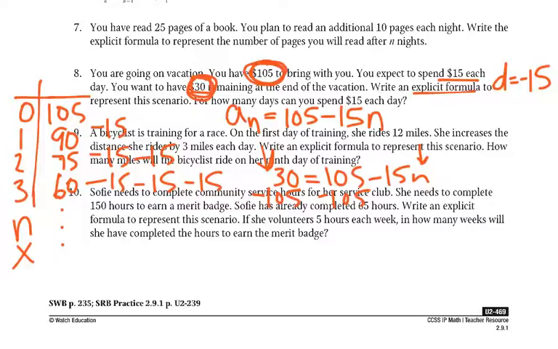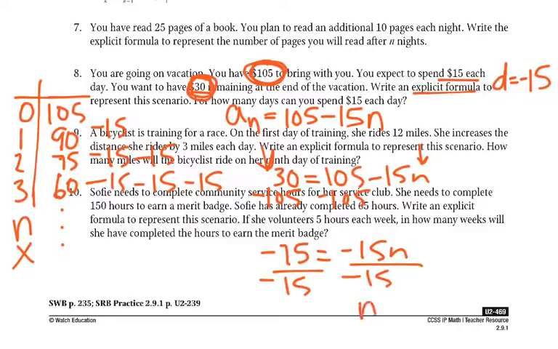So we'd get negative 75 equals negative 15n. Divide by negative 15. And n would equal, what is that? 15 times 7 is 105.